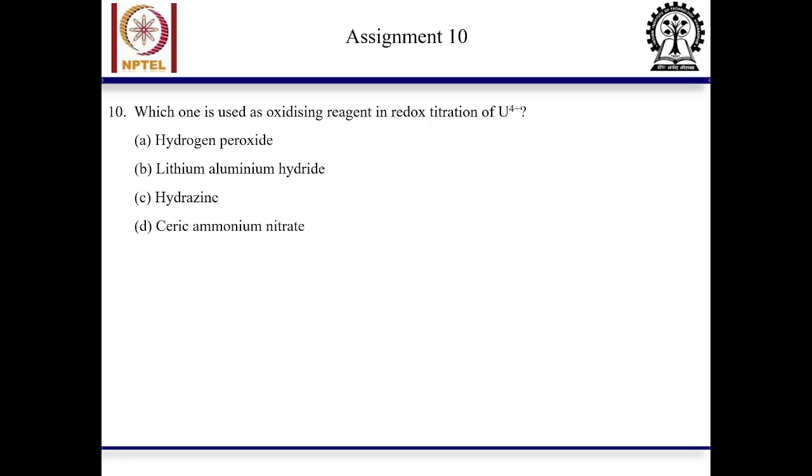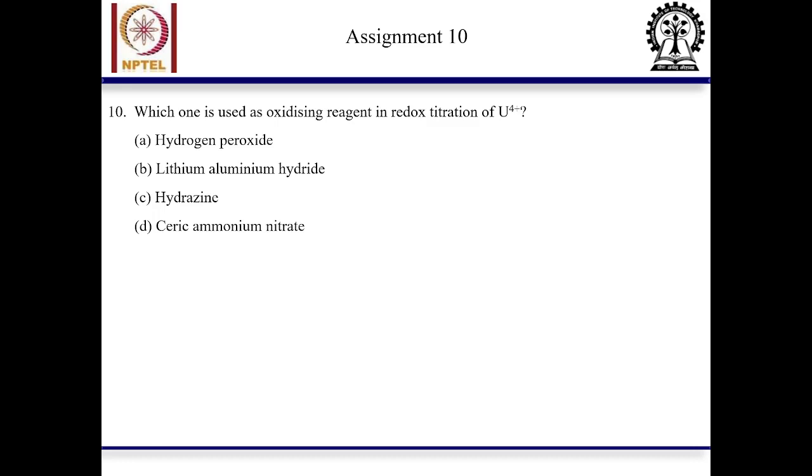Anyone? It may be hydrogen, hydrogen peroxide, lithium aluminum hydride, or ceric ammonium nitrate. Anyone? Sweta, what are you saying?